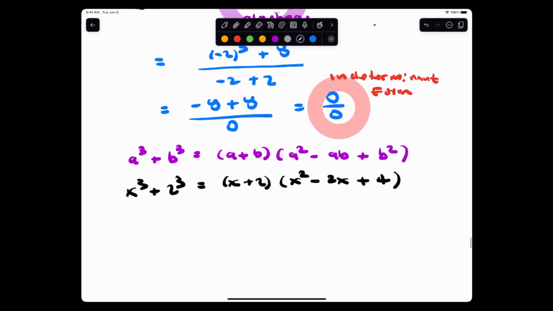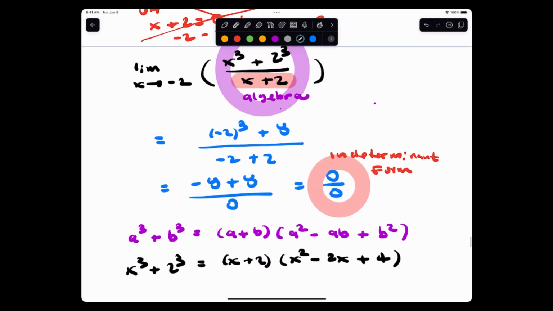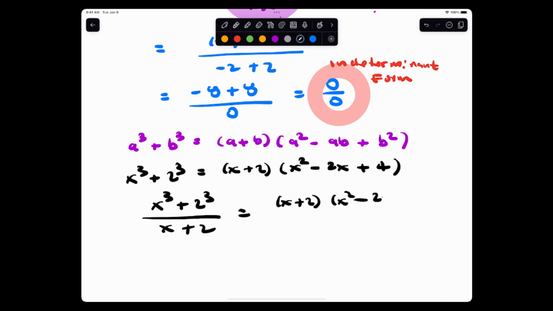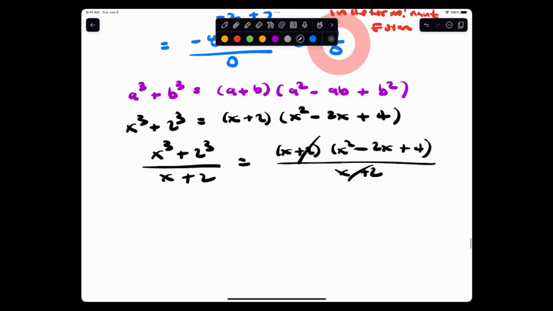So that's my numerator now. So then the ratio really is x plus 2 times x squared minus 2x plus 4 over x plus 2. The x plus 2 cancels, and you're left with x squared minus 2x plus 4.